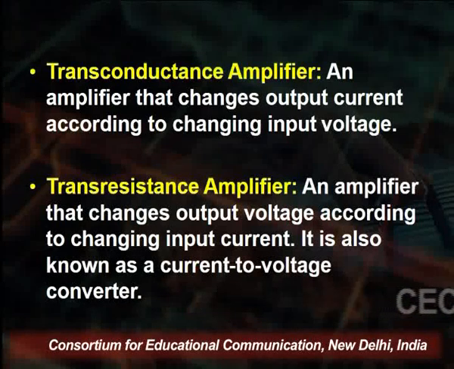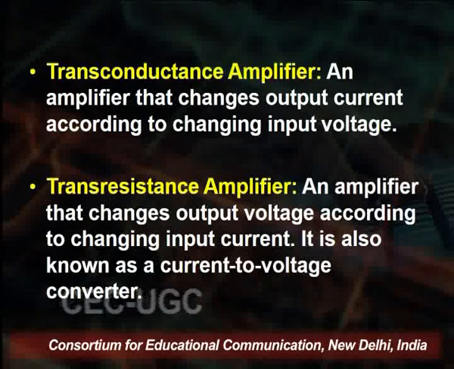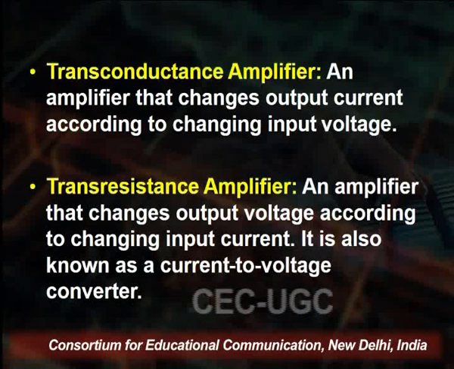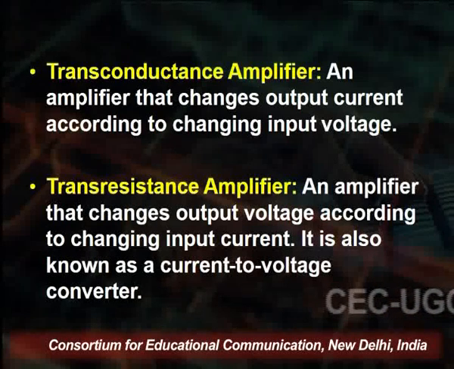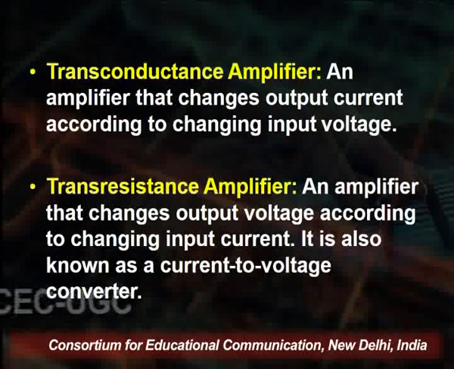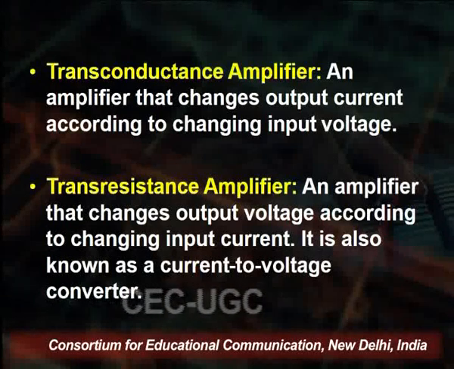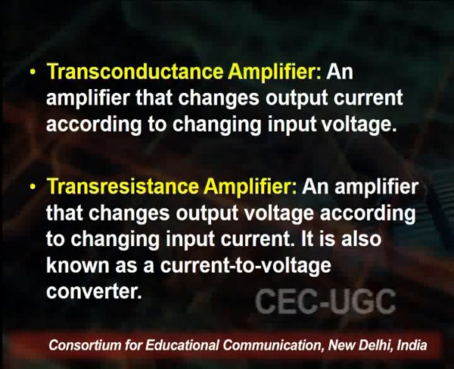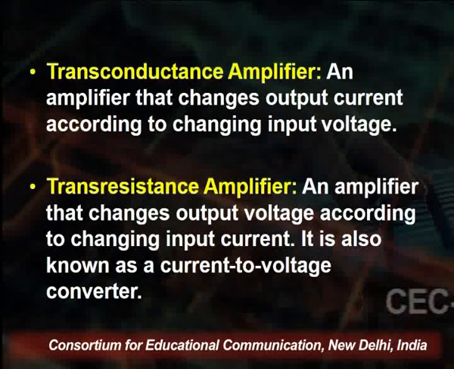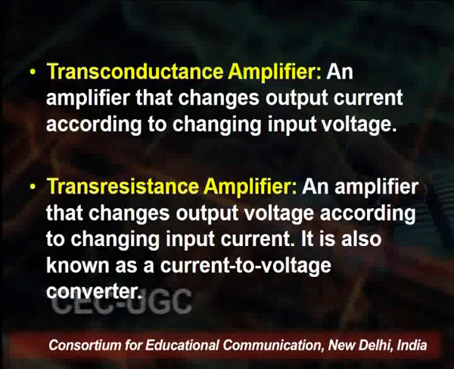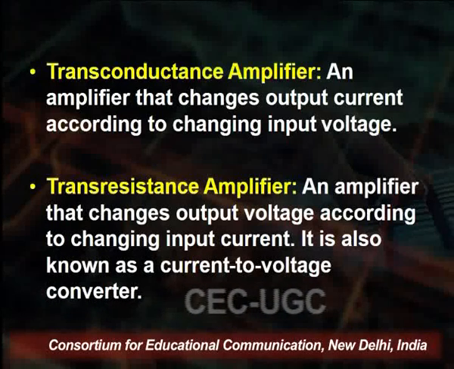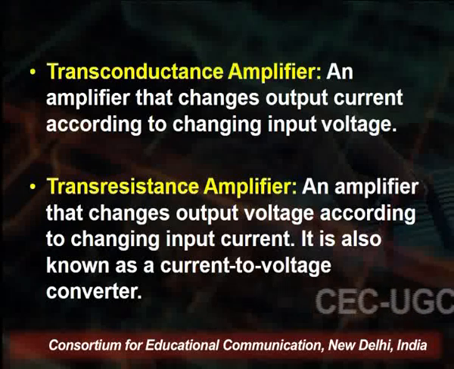In the transconductance amplifier, we take output current after changing the input voltage, and in the transresistance amplifier, the output voltage changes according to the input current. It is also known as a current to voltage converter, while the transconductance amplifier above is a voltage to current converter.